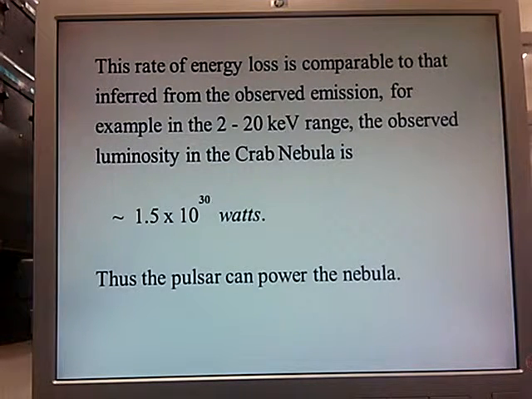Something like 10 to the 30 watts. So a nice, good 10% chunk of that energy is coming from the nebula, and we understand then that indeed this rotational energy is where all of this emission is coming from. So the nebula, the synchrotron, and the thermal.